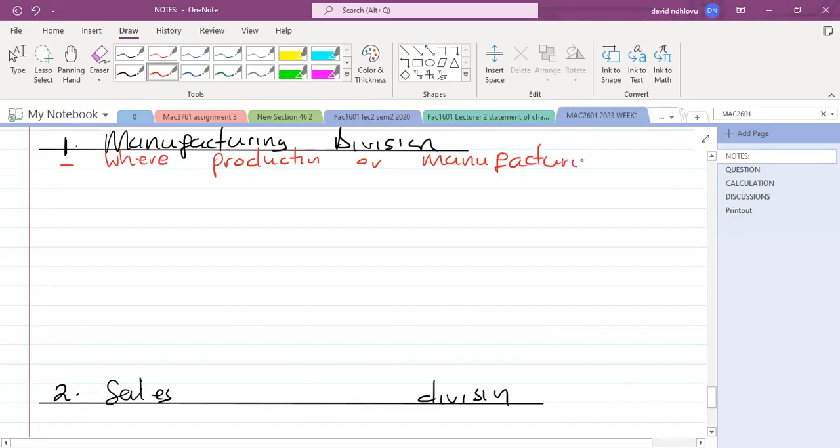So this is the activity that we get here. Because this is a manufacturing division, costs incurred here will be called manufacturing costs.